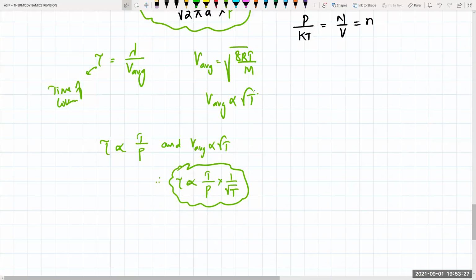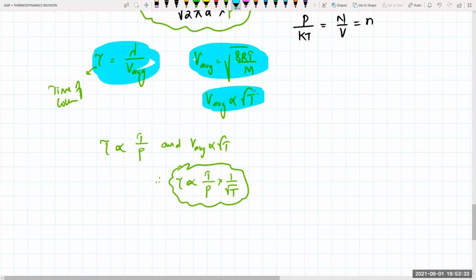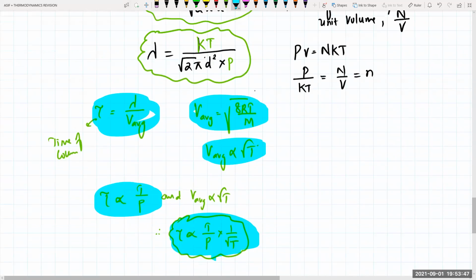Especially these relations: V average proportional to root T, and relaxation time directly proportional to temperature and inversely proportional to pressure, or proportional to T by P root T. In different conditions we can write the given relations.